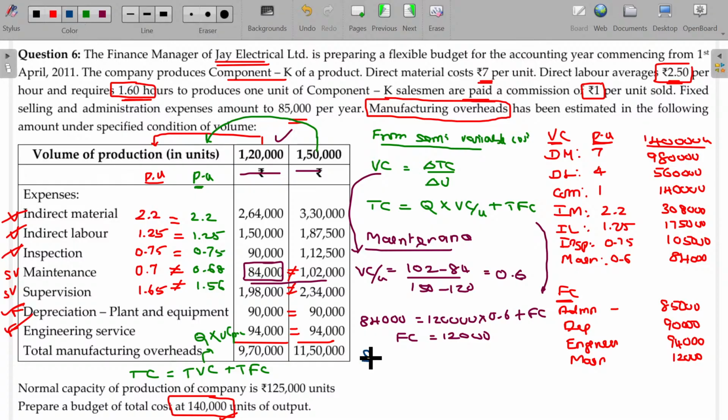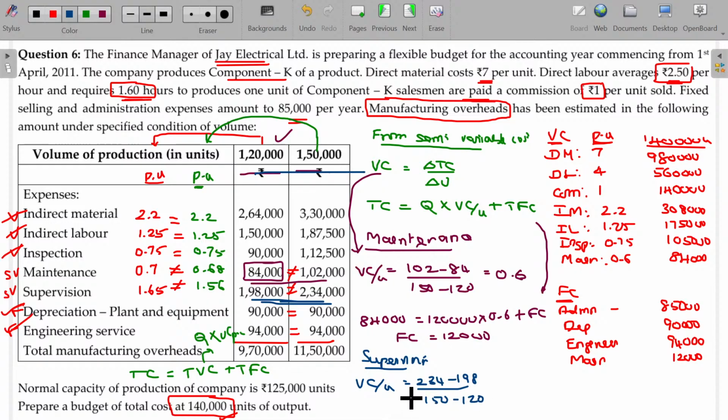Supervision. In case of supervision, variable cost per unit is equal to difference between the cost 234 minus 198 divided by difference between the units 150 minus 120. It's difference between.